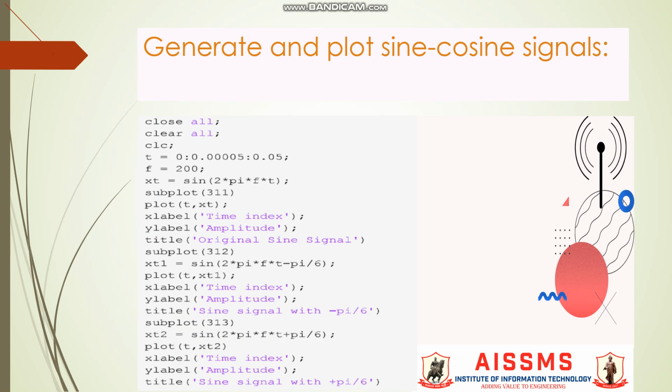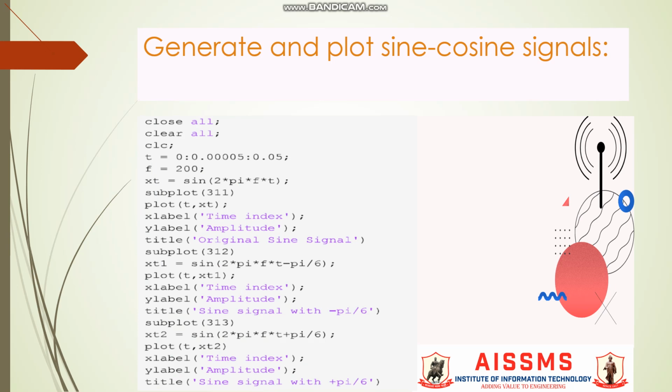Next, we plot again a sine signal for the same frequency but with a phase delay of pi by 6. And the third signal to be plotted is again a sine signal with a phase shift of plus pi by 6. In this program, we will be plotting three different signals.